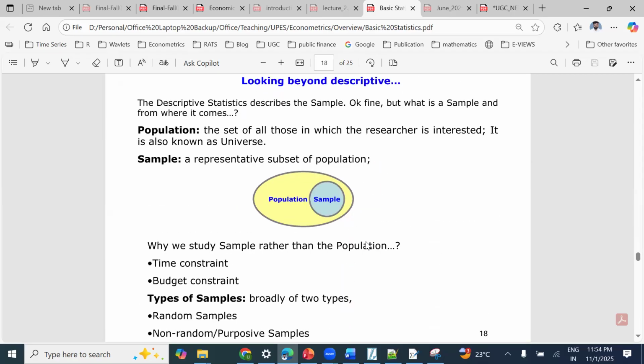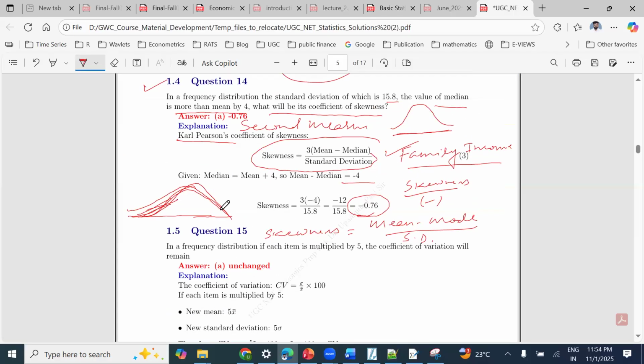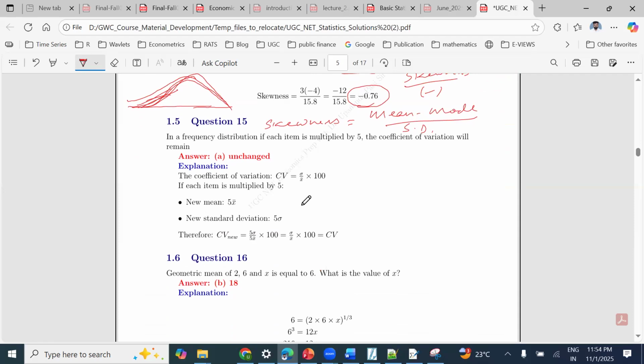Making sense? Yes, sir. Okay, great. So that is how you attempt when we are trying to discuss the question. We have to discuss everything related to that particular question so that we will be prepared for any questions. I hope it is clear.